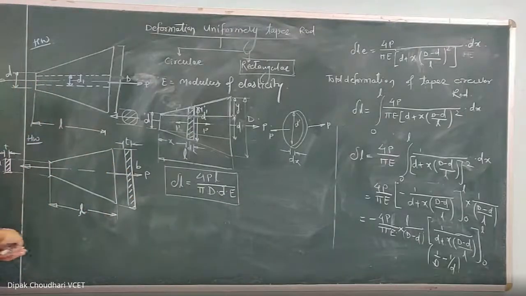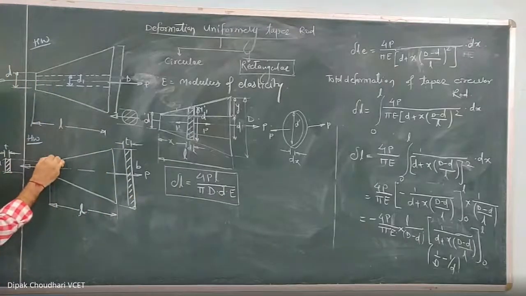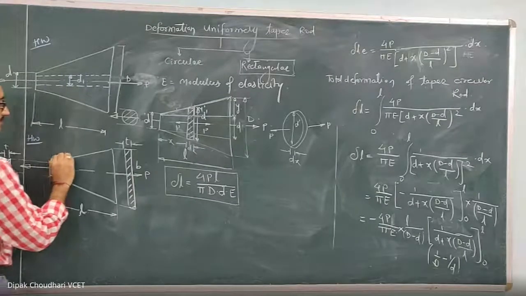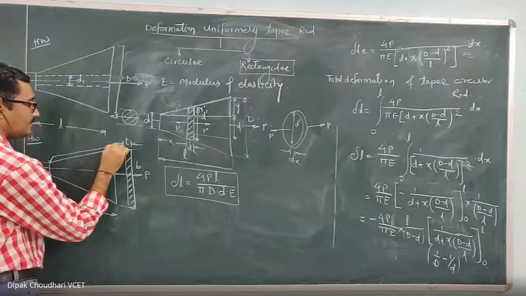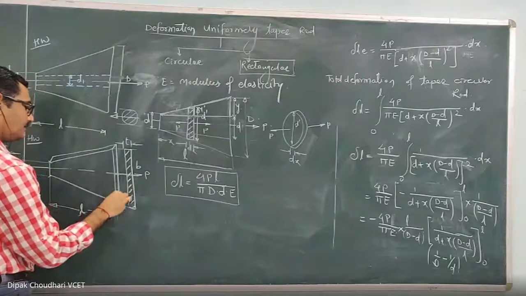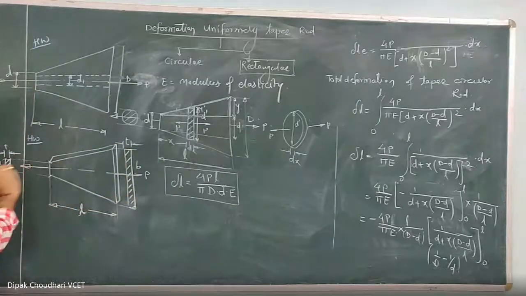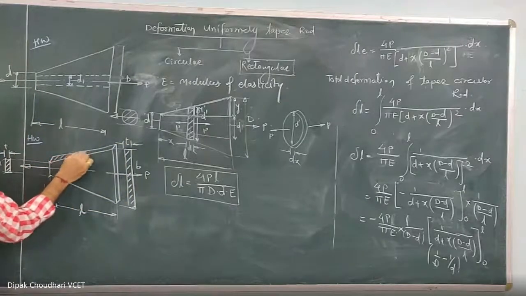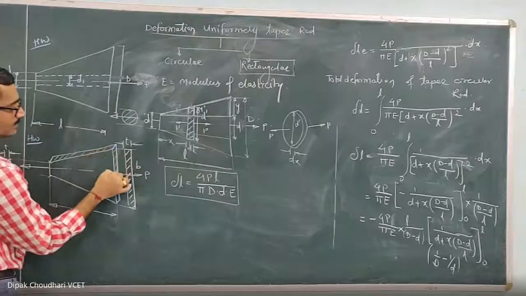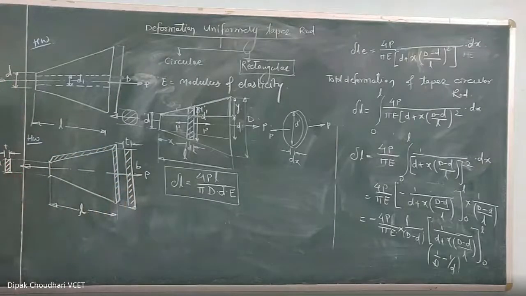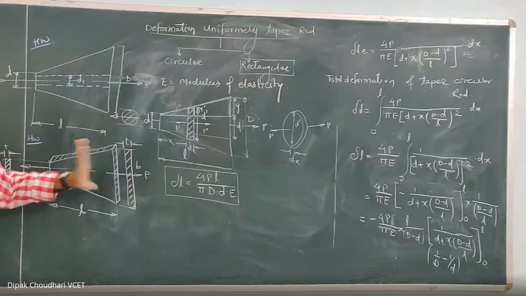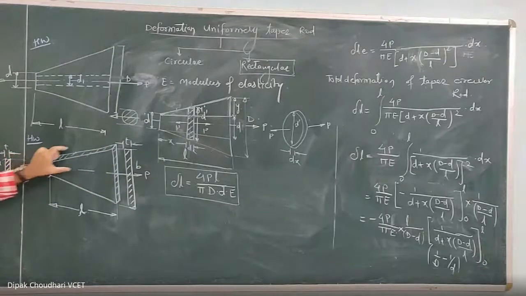If I want to show the three-dimensional figure, it will look like this. Okay, so this thickness is uniform. Only this width is changing, from small a to small b, uniformly over the length of L meter.